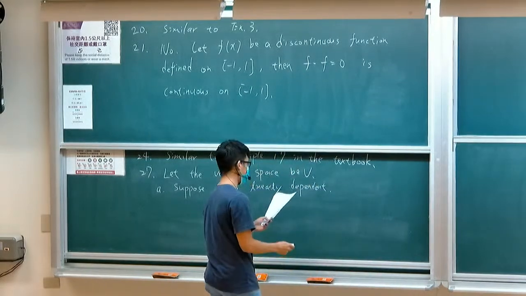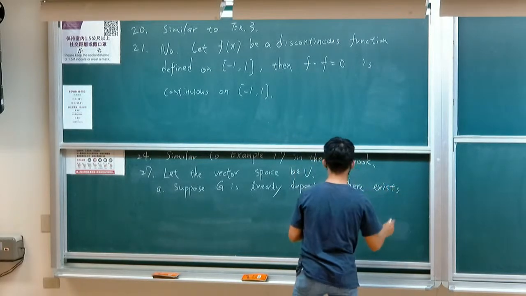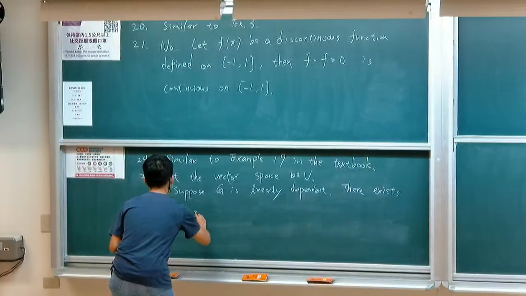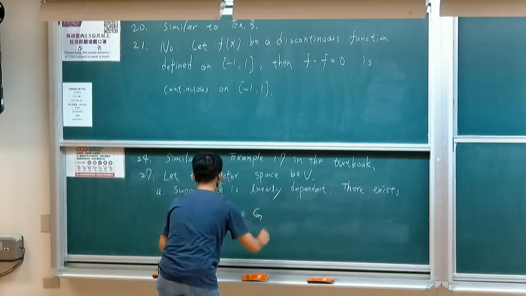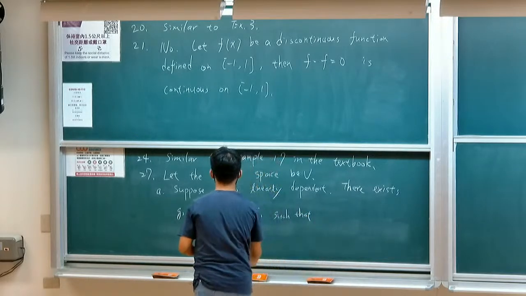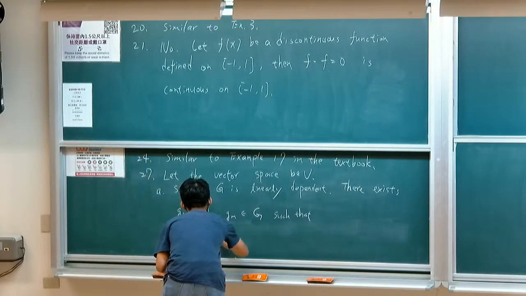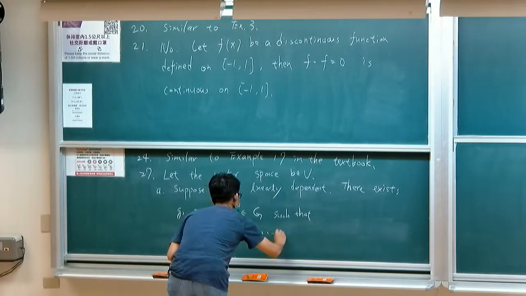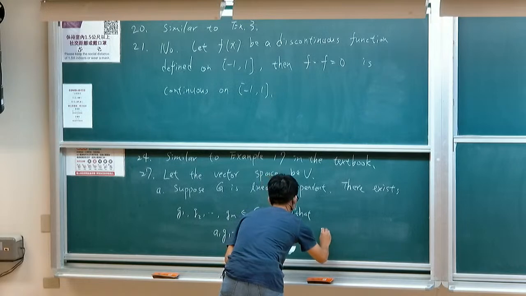Since we assume G is linearly dependent, there exist G1, G2, ..., Gn in G such that there exists a non-trivial relation of G1 to Gn: A1 G1 plus A2 G2 plus, and so on, is 0.